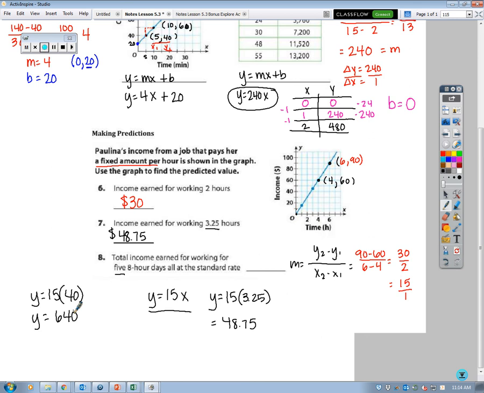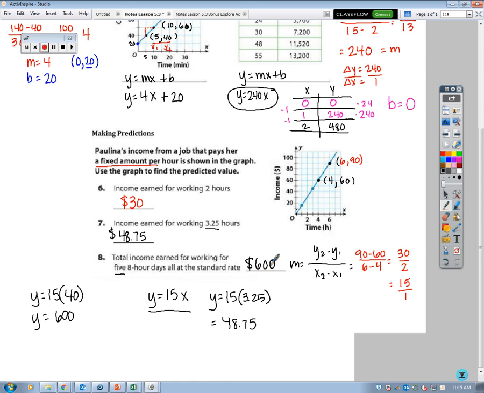Let me try to double check that. 15 times 40 is, oops, that's $600, which makes more sense because 15 times 4 is 60. Add a 0, that's 600. So for a 40-hour work week or 5 8-hour days, she makes $600. So real world application here, guys.